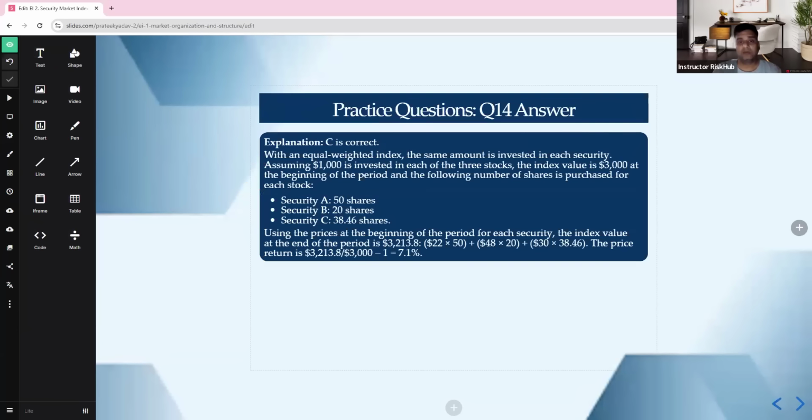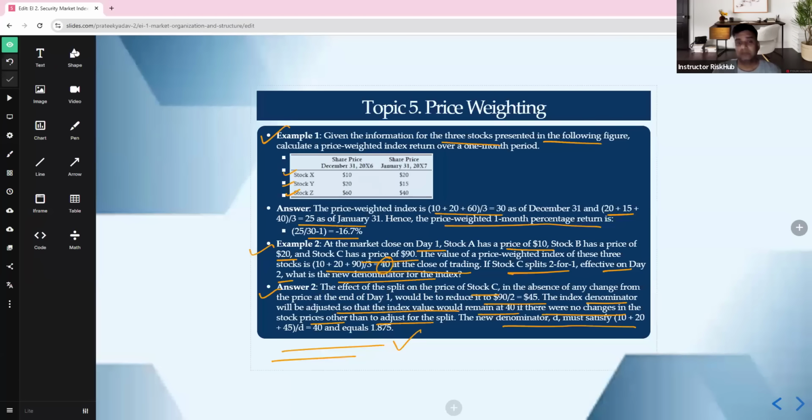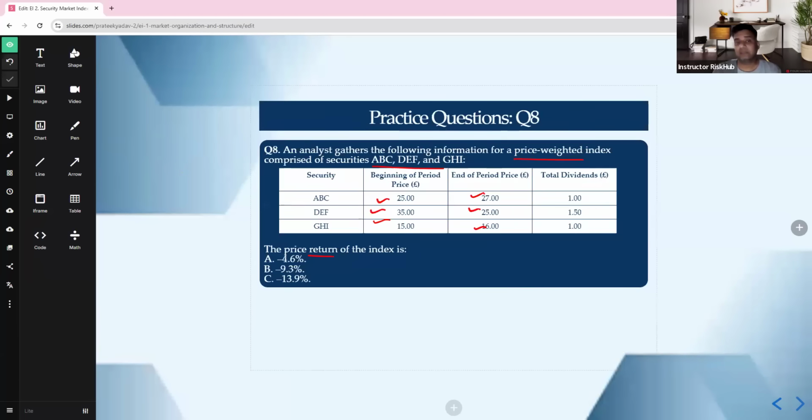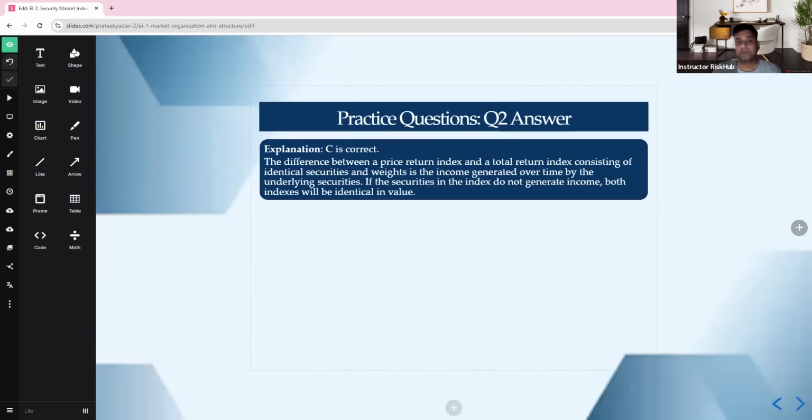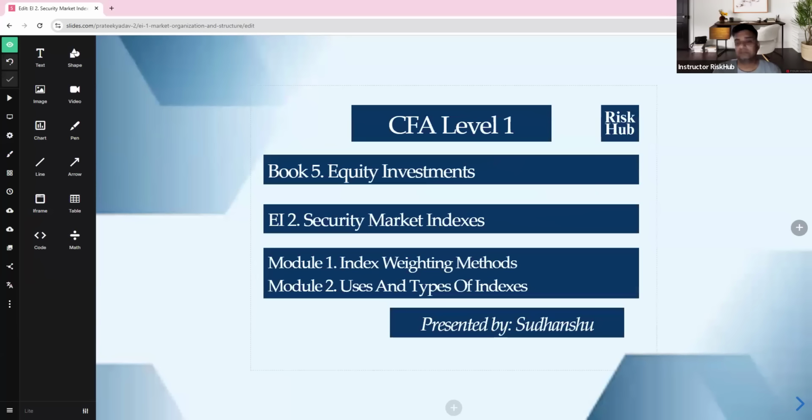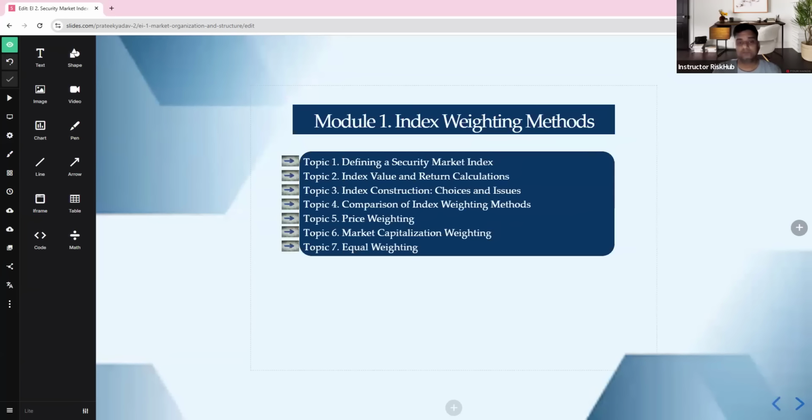And then you go to Module 1 also, where you have all these different weights. You have to understand different weights, which is your index value and return calculation, index construction choices and issues, comparison of index weighting methods: price weighting, market capitalization, equal weighting, etc. Okay, remember that. All right, guys, I'll stop here and thank you very much.